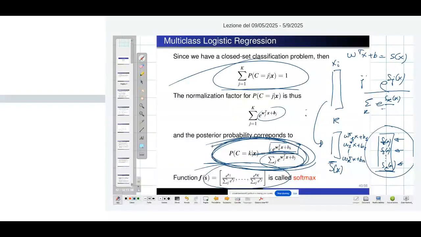Notice that this is more or less what you were doing when you were computing class posterior probabilities from class conditional likelihoods. These indeed are terms that are proportional to the class conditional likelihood times the prior, so to the joint probability. When you were doing the class posterior in the laboratory for the Gaussian models, you were doing exactly this.